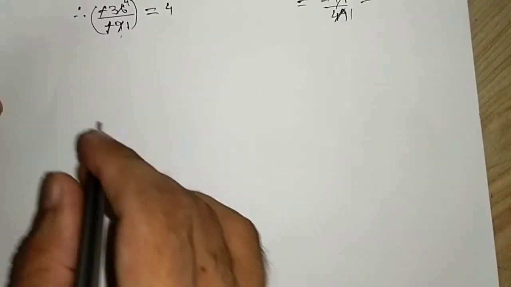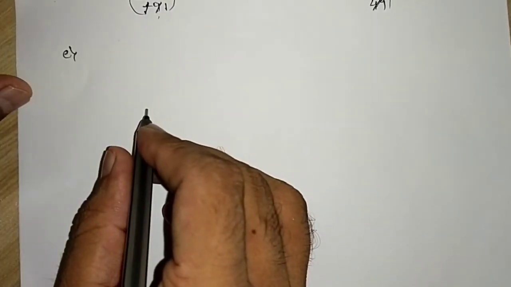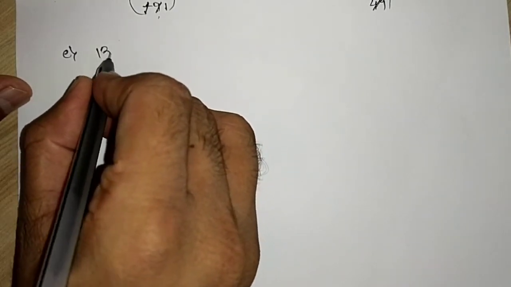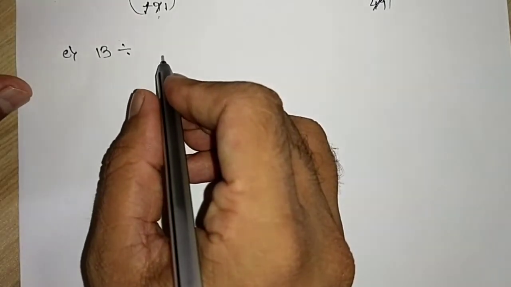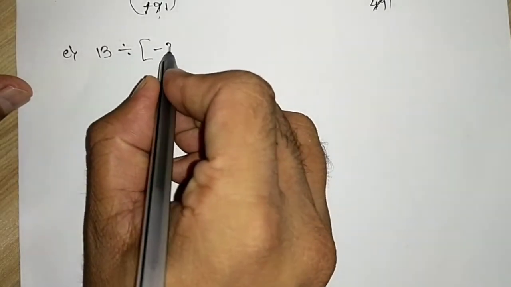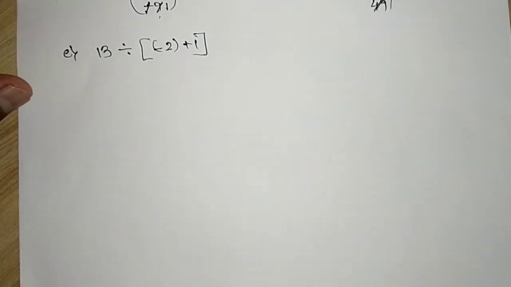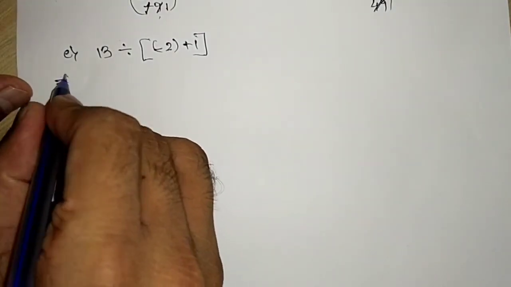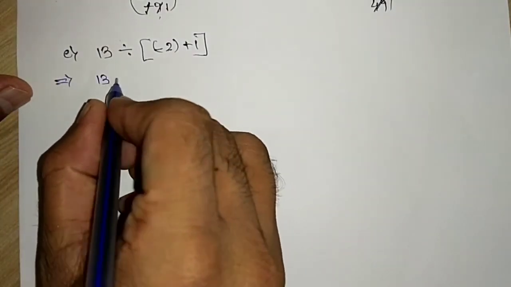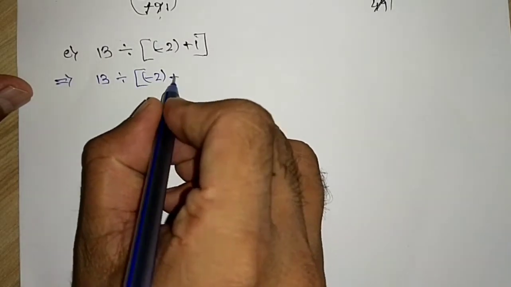A, B, C, D, and now E part. 13 divided by, in the bracket, minus 2 plus 1.